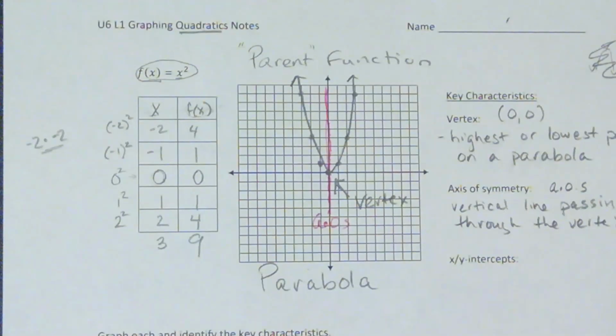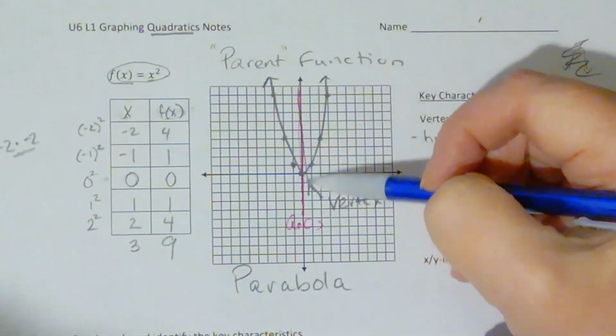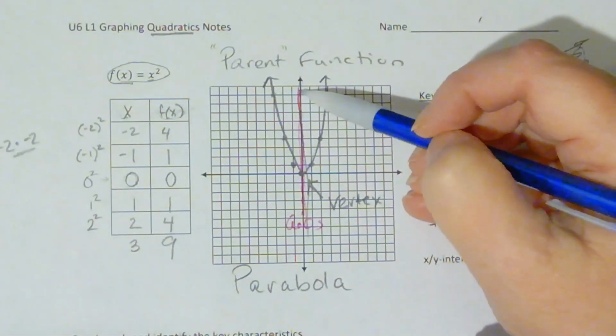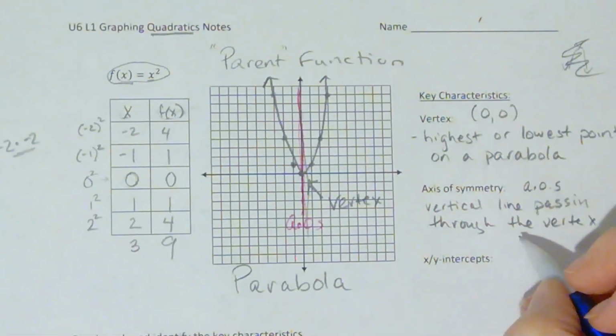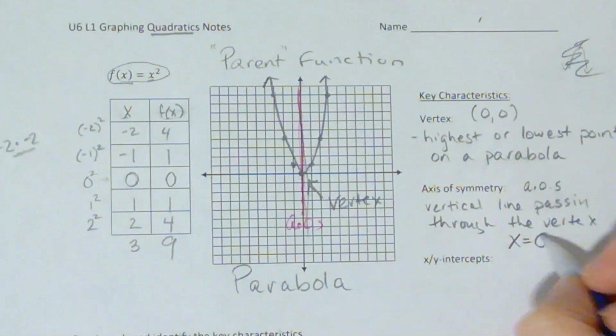So because this is a vertical line, we want to label it like a line. And since every point on this line has x of 0, we say that the axis of symmetry for this one is x equals 0, because every point on the line has x of 0.